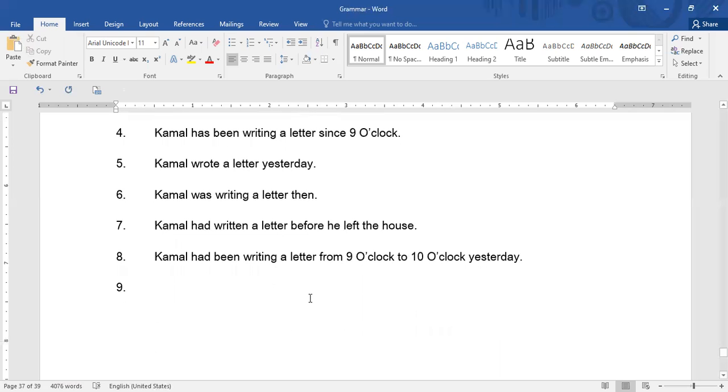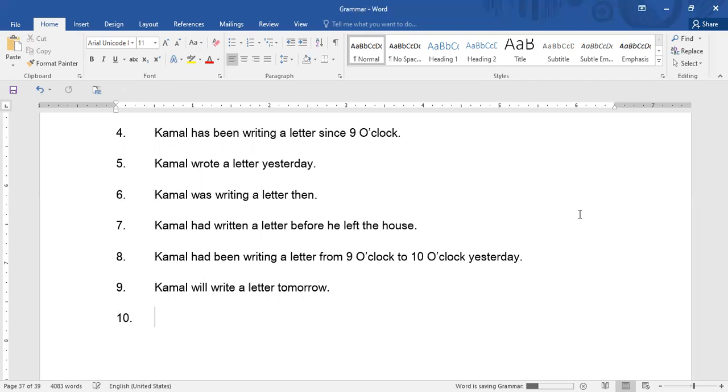Now we will move to the future. Now simple future. Sangeethan, simple future. Kamal will write a letter. Tomorrow. Time phrase is tomorrow.